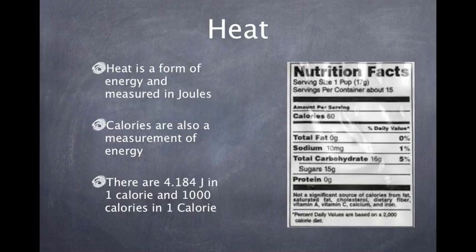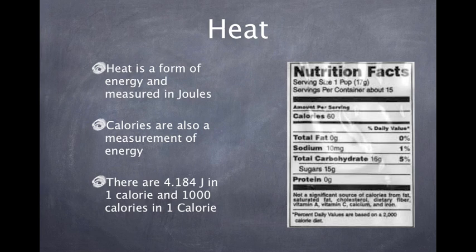Now, heat is also a measurement of energy, and since it's a measurement of energy, it's going to be measured in joules. A calorie is also a measurement of energy, and you may be more familiar with calories from nutritional labels and so forth. But heat is a type of energy. It's related to temperature. It's related to thermal energy, but they're not the same thing.